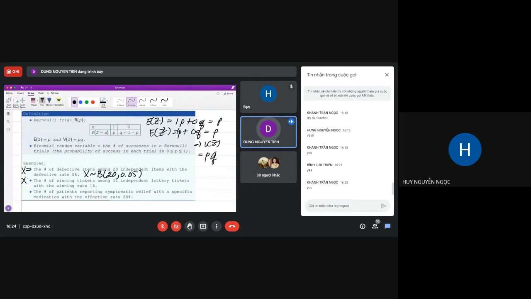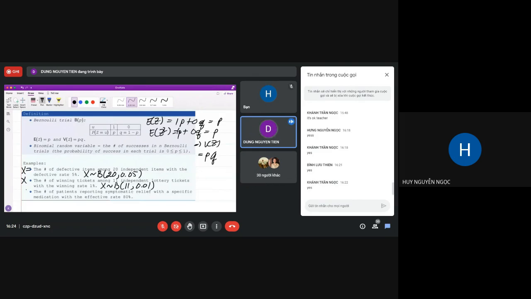In the second example, suppose that X is the number of winning tickets among 11 independent lottery tickets with a winning rate 1%. Then X follows a binomial distribution with the first parameter 11, because you have 11 independent tickets, and the probability is 1%, so 0.01.